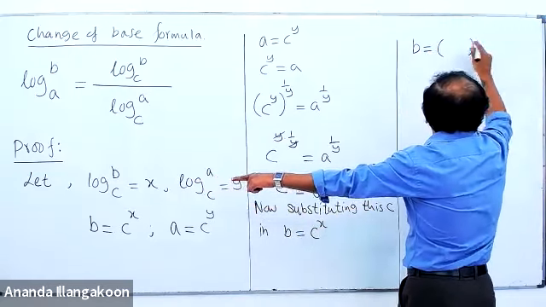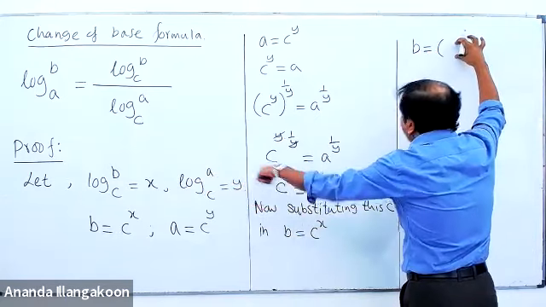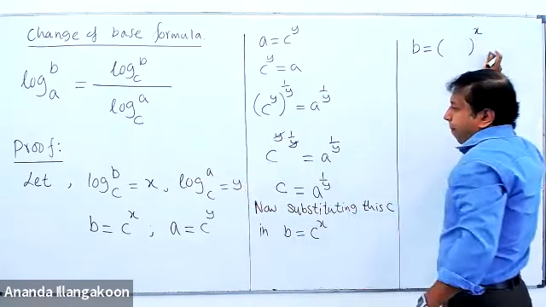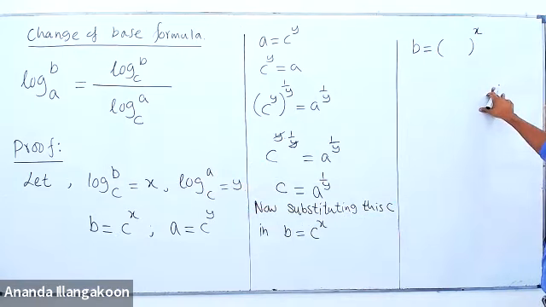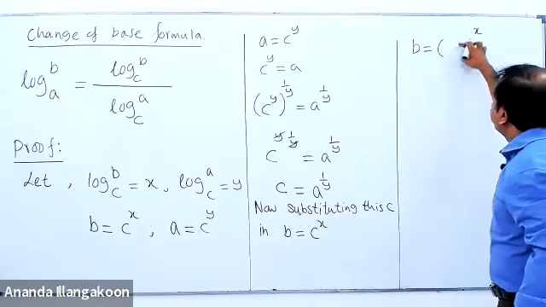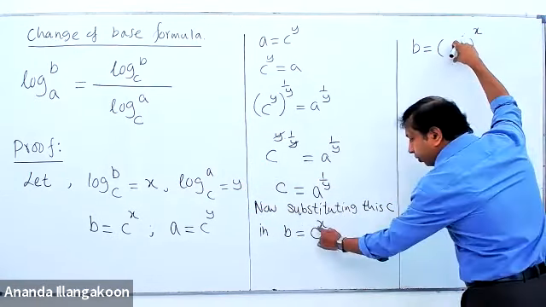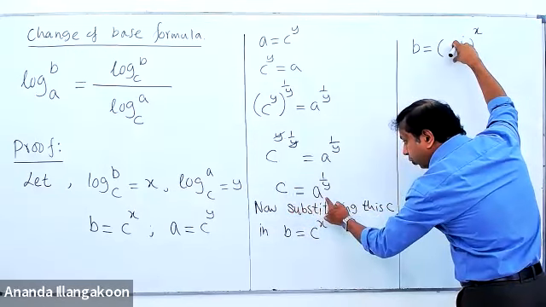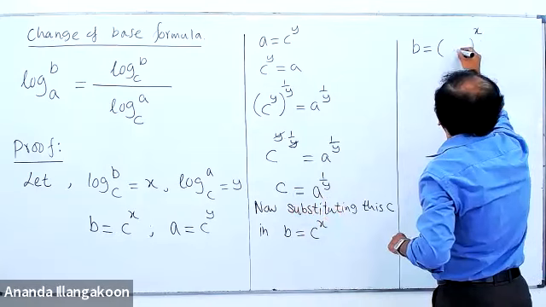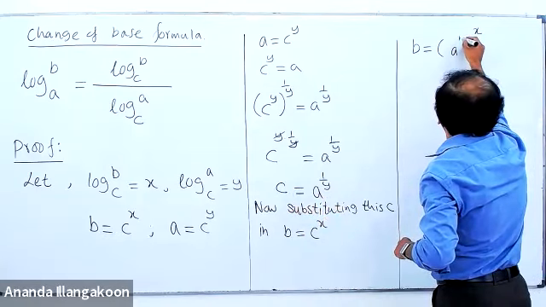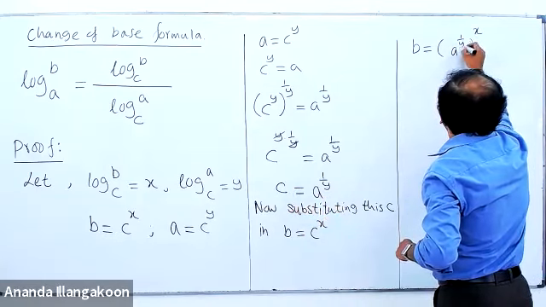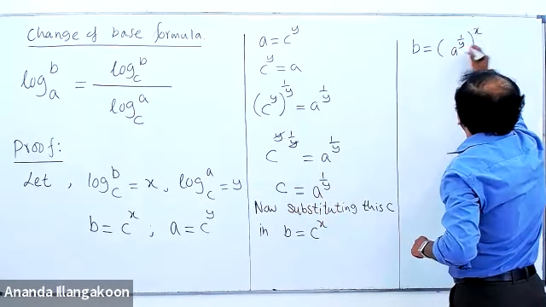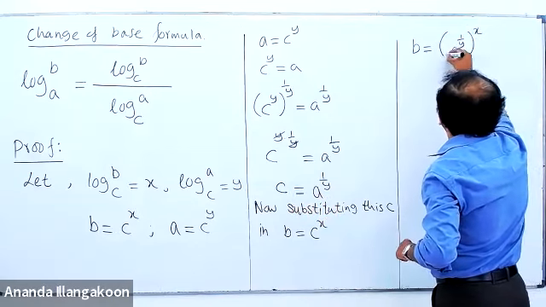Here I must write c, with power x. Now inside this bracket I must write, here we have c, for which we have the answer a to the power 1 upon y. Then I must write here a to the power 1 upon y, like this, within bracket. Outside of the bracket we have x.